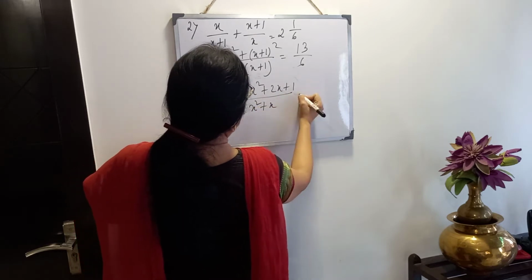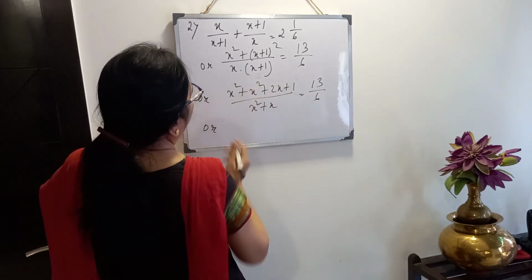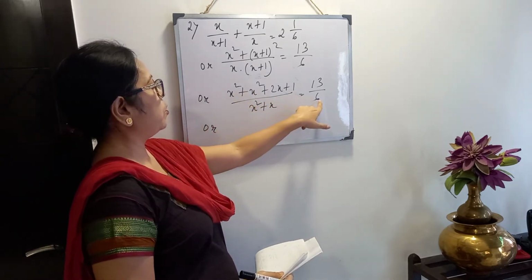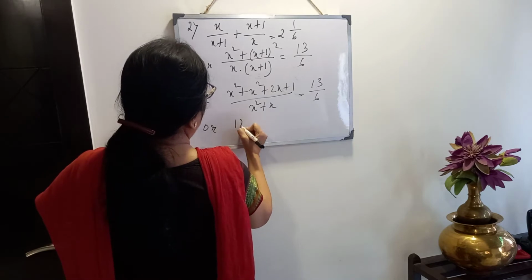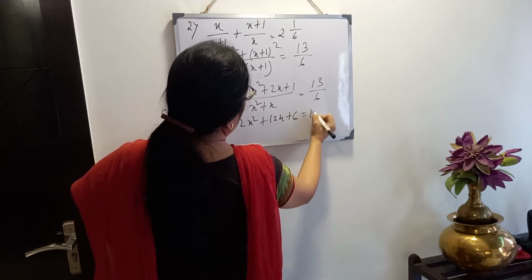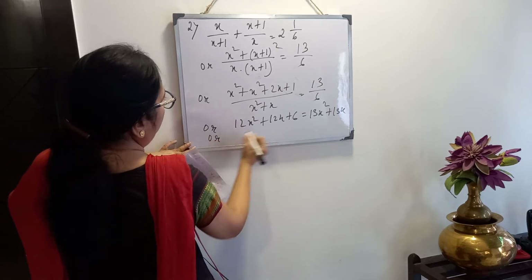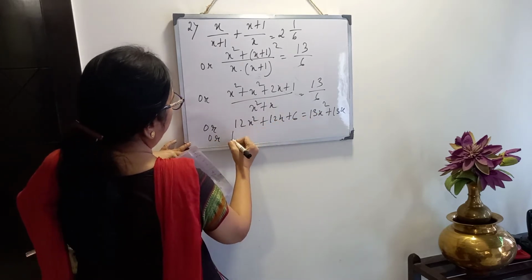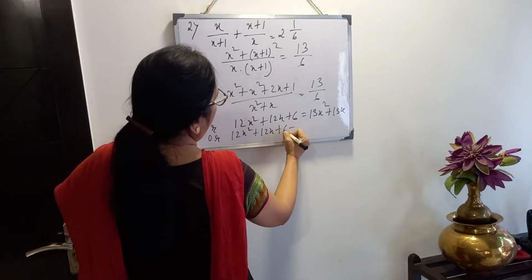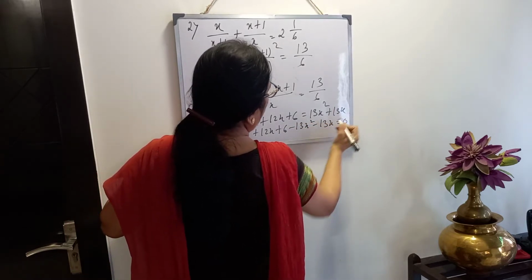Denominator also multiply. Now numerator directly I am doing now. Okay, next step. See, numerator will come 2x square. So after cross multiplication it will become 12x square plus 12x plus 6 equals to 13x square plus 13x. Clear? Now take all the terms left hand side. So 12x square plus 12x plus 6 minus 13x square minus 13x equal to 0.